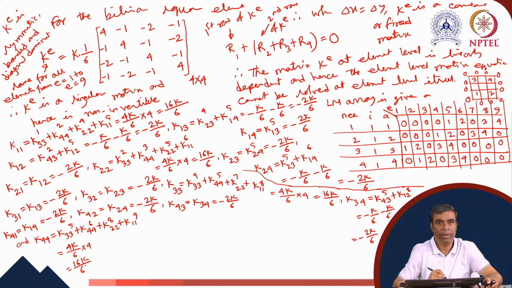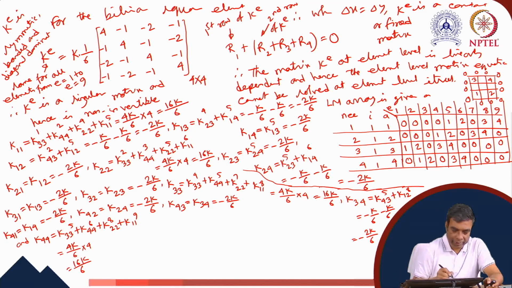Now, by looking at the entries of the assembled matrix, we see that except for the diagonal terms KII, all the terms are negative and all are identical. The off-diagonal terms are minus 2K by 6.